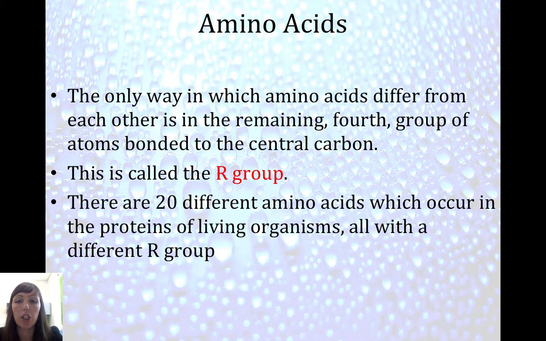The only way in which amino acids differ from each other, in fact, is the remaining fourth group of atoms bonded to the central carbon. Okay, and this is a different molecular group that hangs off to one side. Most of the special side groups, which are called R groups, contain carbon, hydrogen, oxygen, and nitrogen. But there are 2 amino acids that contain sulfur. So there are a total of 20 different amino acids which occur in the proteins of living organisms and all have a different R group.